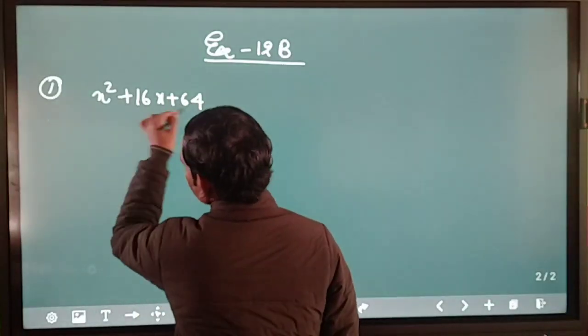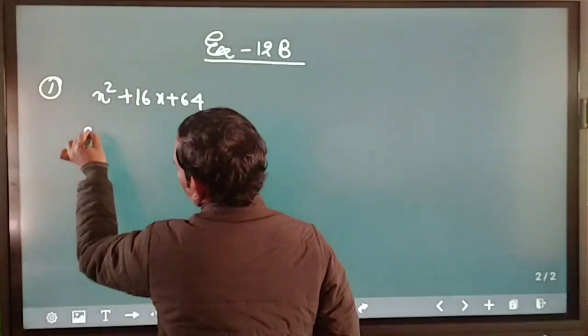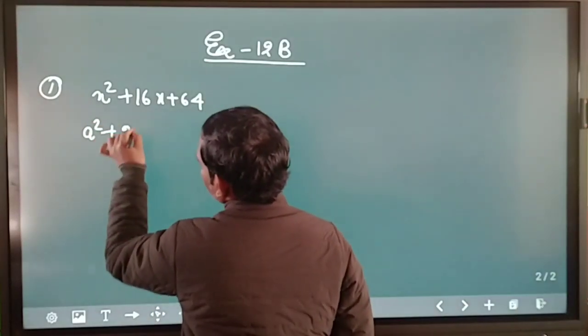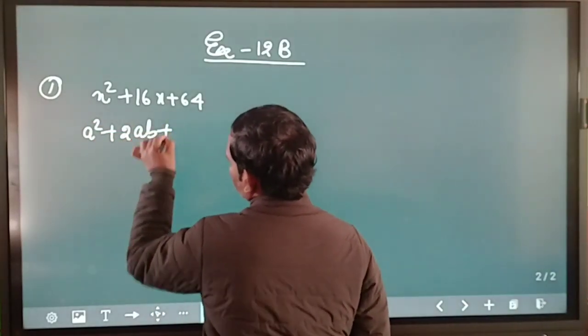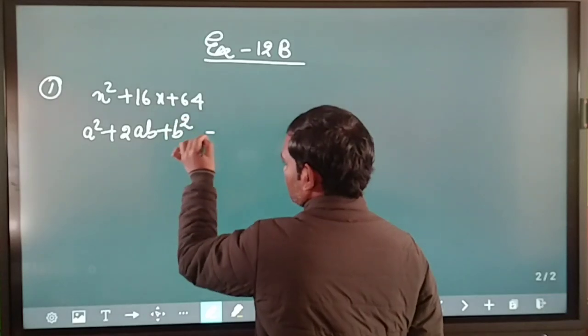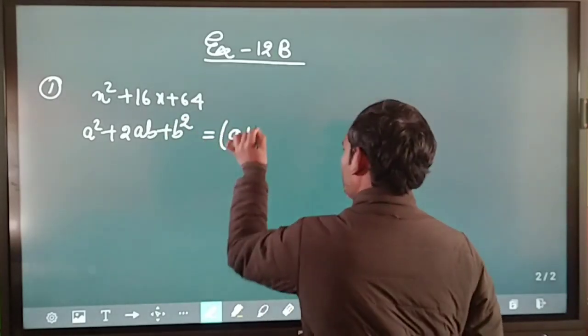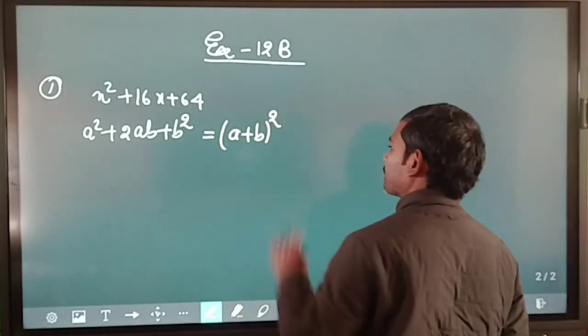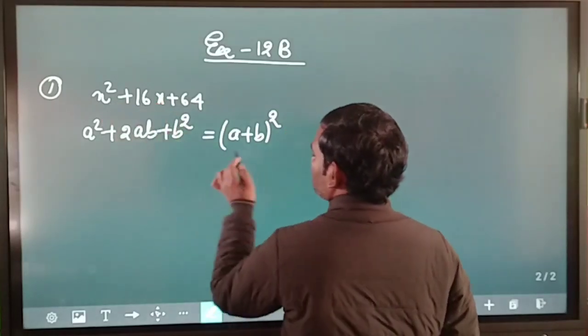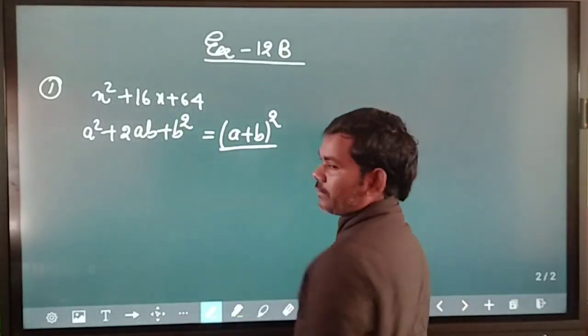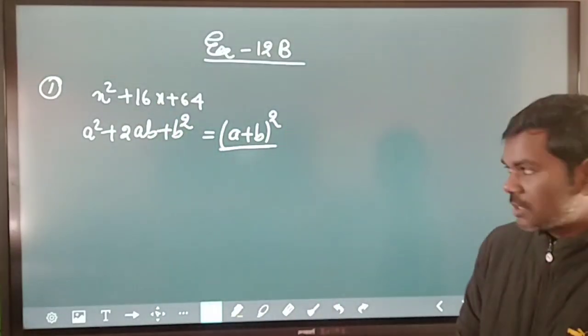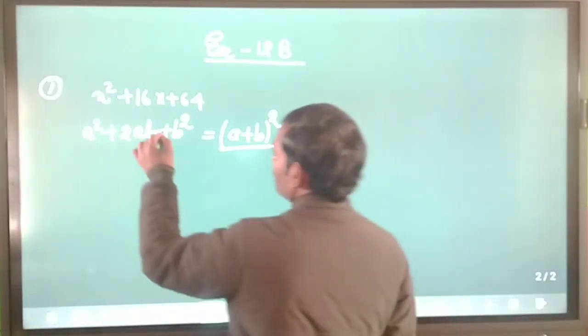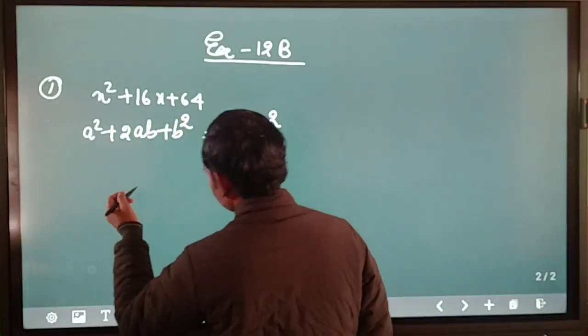You can see that this question is in the form a square plus 2ab plus b square, which can be written as the whole square of a plus b. So we have to write this expression in the form of the whole square of a plus b. Now let's break it.